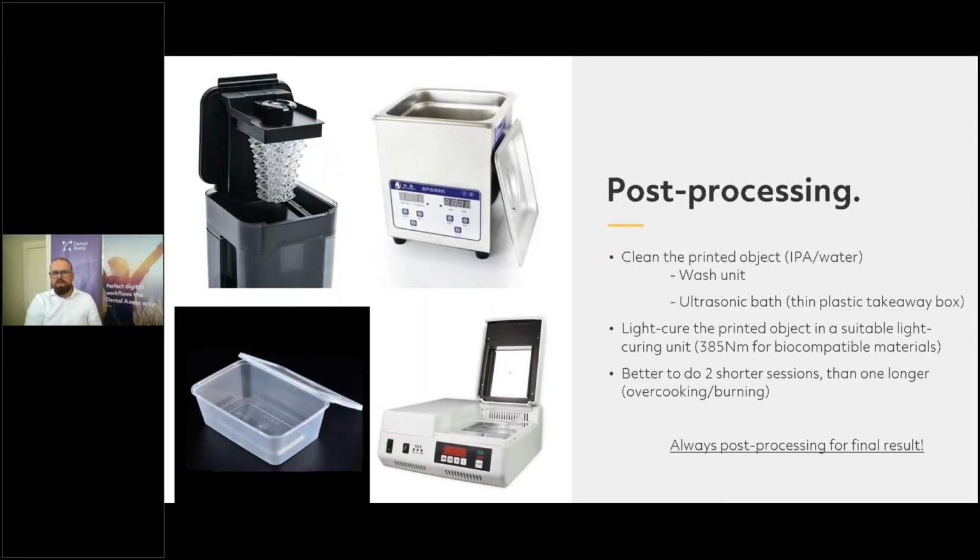Another is, for example, the Autoflash. Autoflash is a machine that's more suitable for biocompatible materials. It uses nitrogen gas, so it basically removes all the oxygen. You get a more dense cured material, and it penetrates better. So, like I said before, with biocompatible materials you get a more crystal clear printed object.